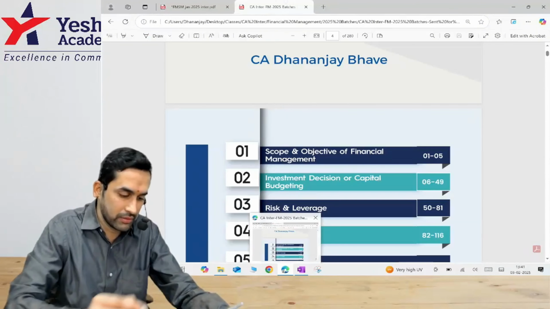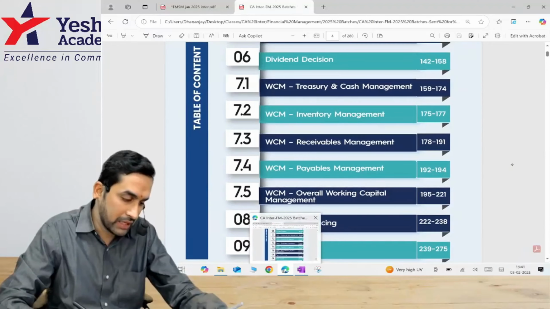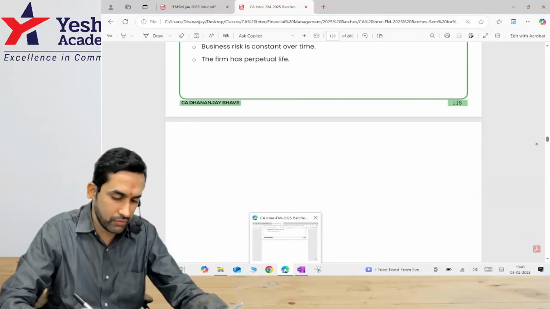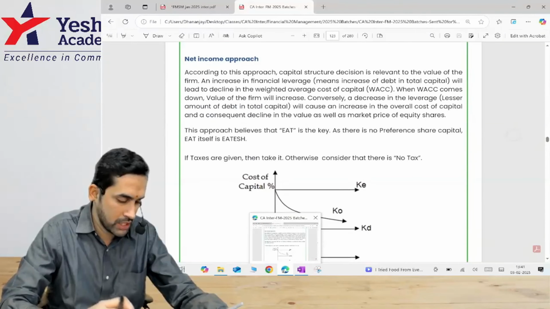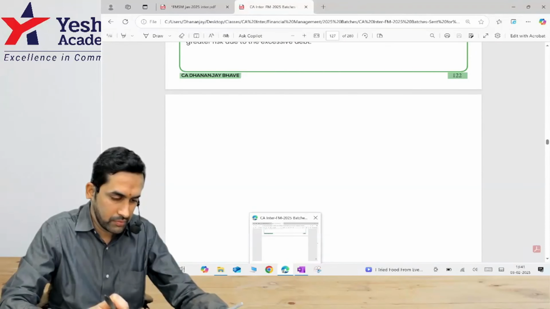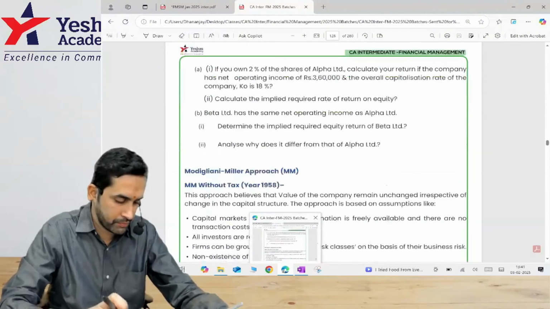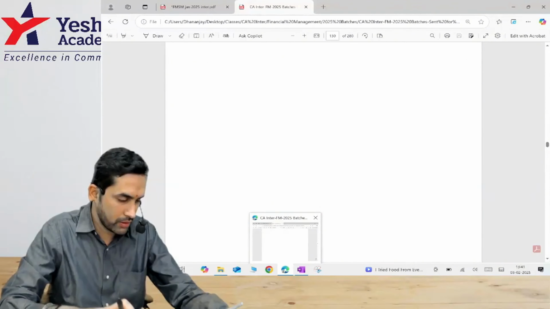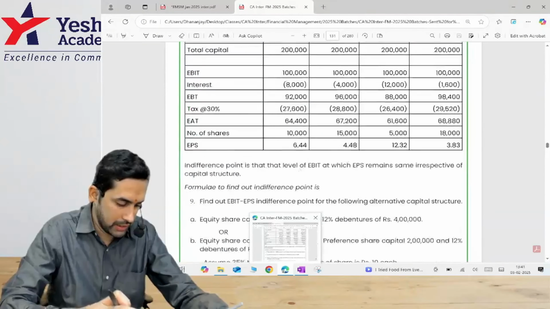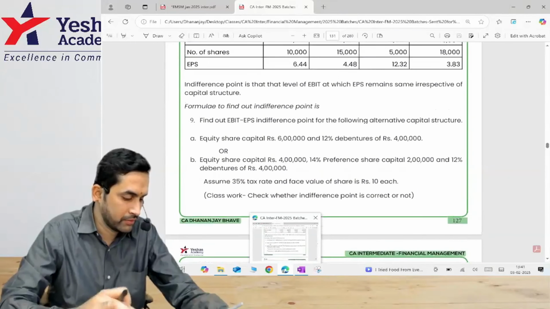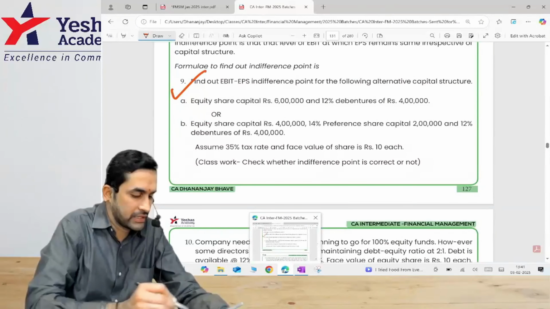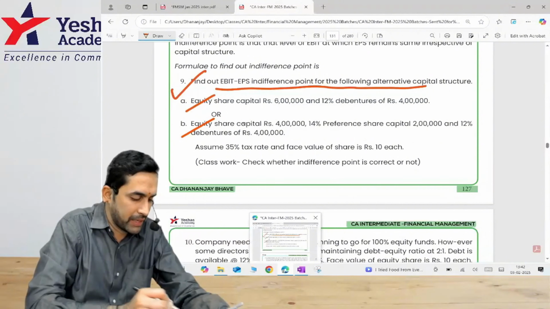If you have the capital structure chapter with you, last part of capital structure, page number 127. Question number 9 in class material. It says find out the indifference point, plan A and plan B.